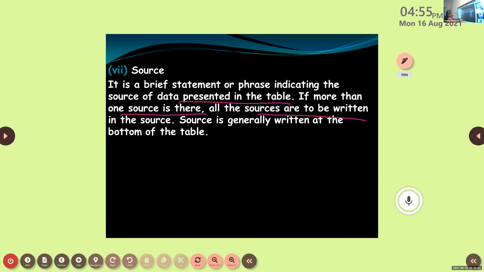Where are we writing the source? At the bottom of the table. So source is from where we are getting the data, and it should be mentioned in the table. If we have more than one source, all those sources should be written there. The source is generally written at the bottom of the table.